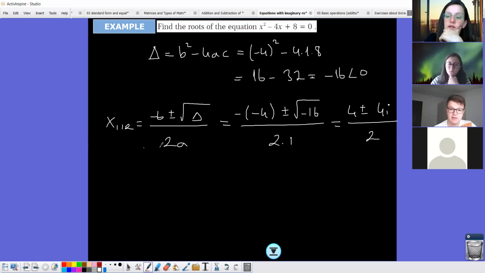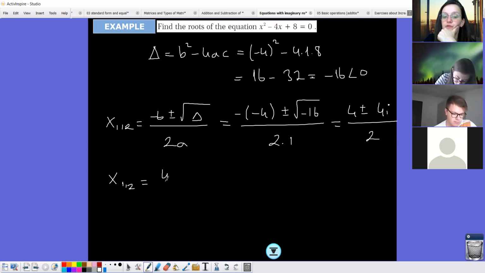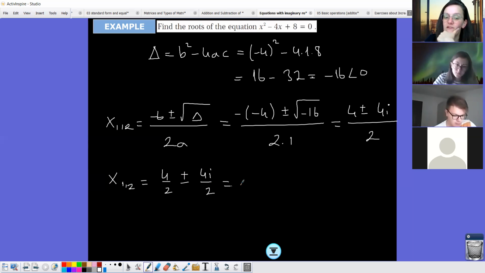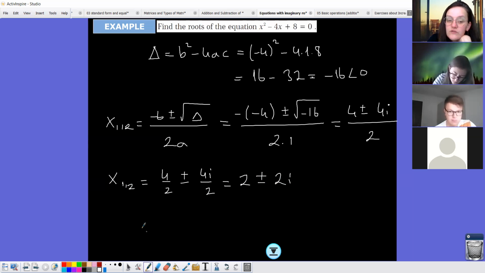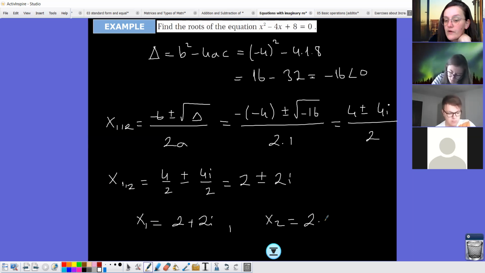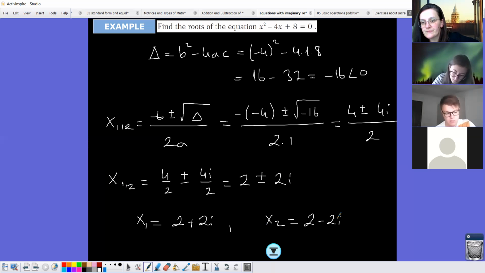If I separate these two, 4 over 2 plus or minus 4i over 2, which is 2 plus or minus 2i. So the first root is 2 plus 2i, and the second root is 2 minus 2i. These are the imaginary roots of this equation.